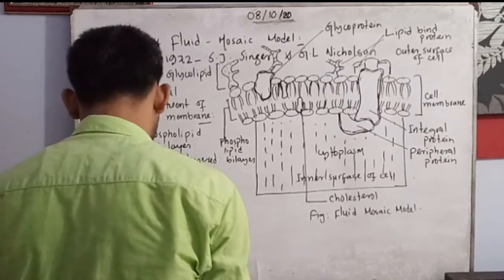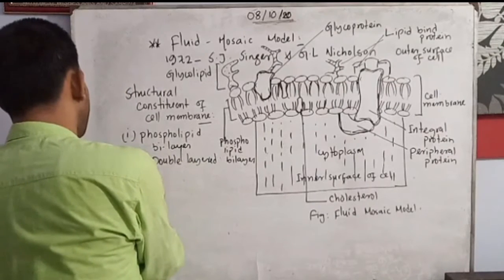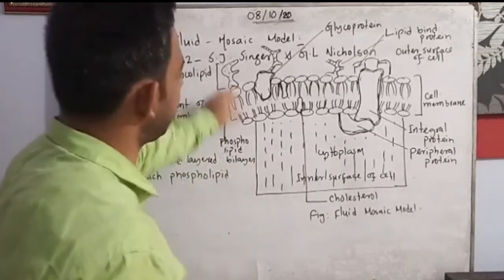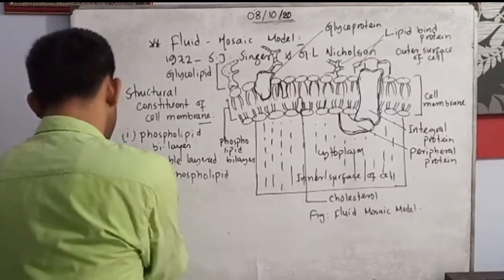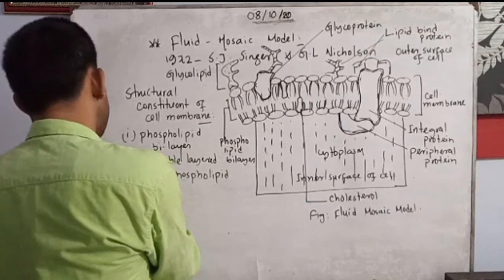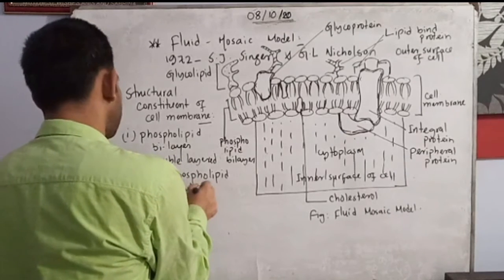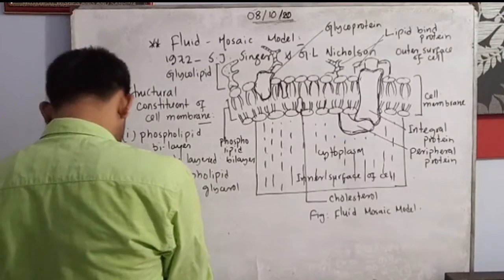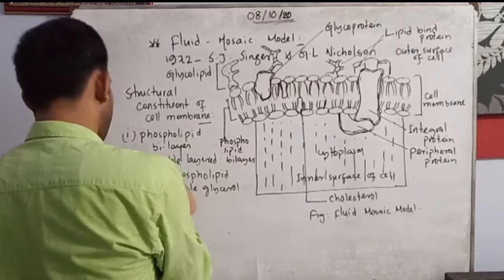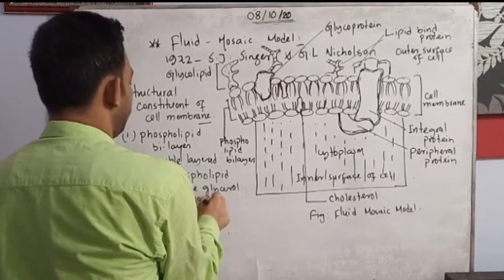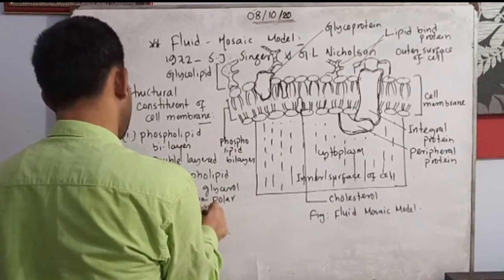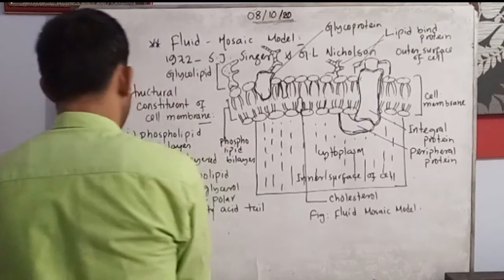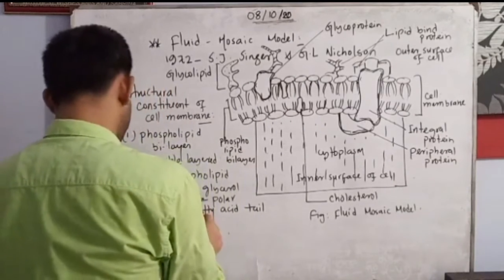And then we can see each phospholipid, that means in the phospholipid bilayer, each phospholipid equals 1 molecule glycerol plus 2 nonpolar fatty acid tails plus 1 polar phosphate head.